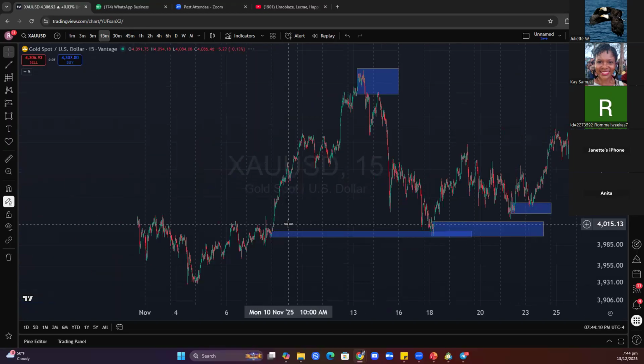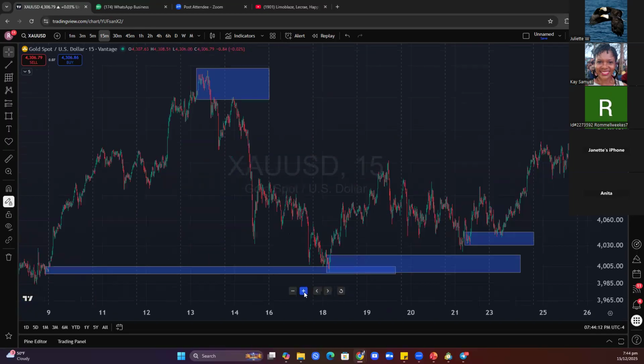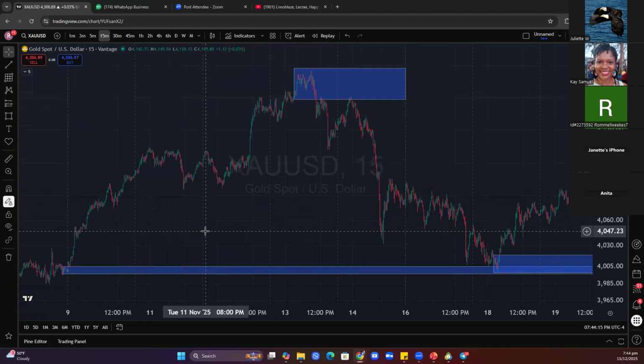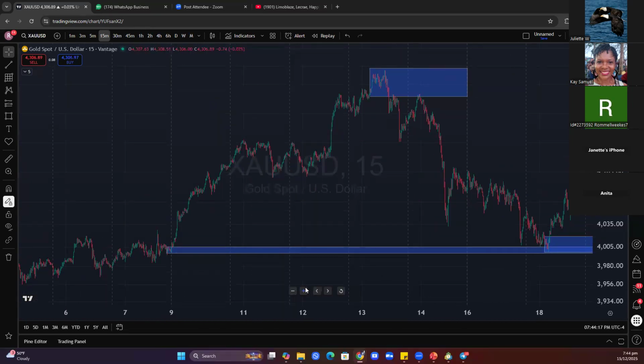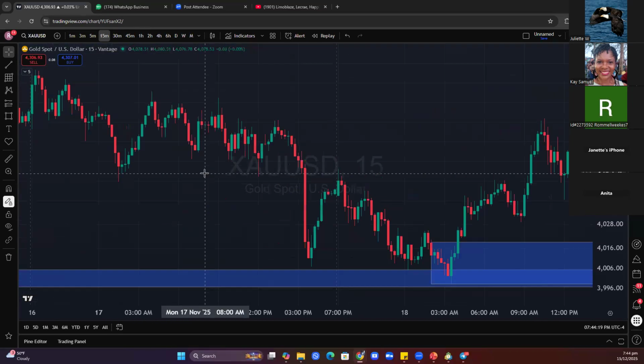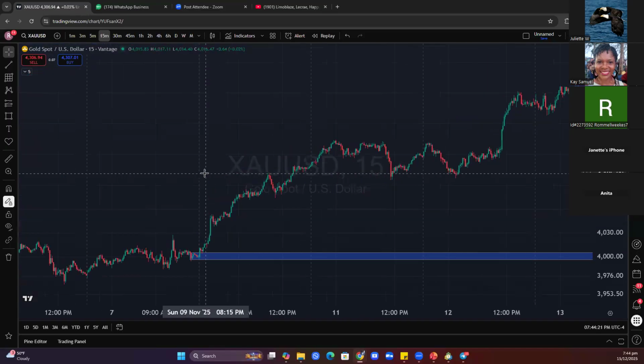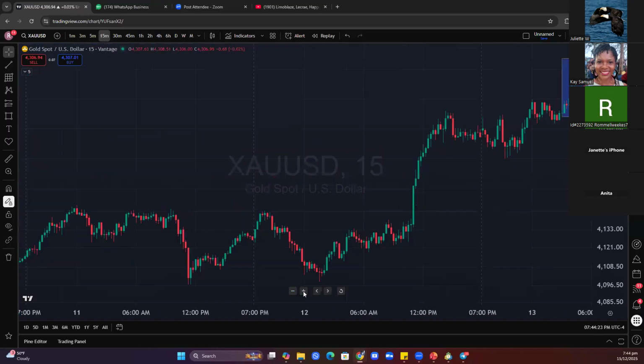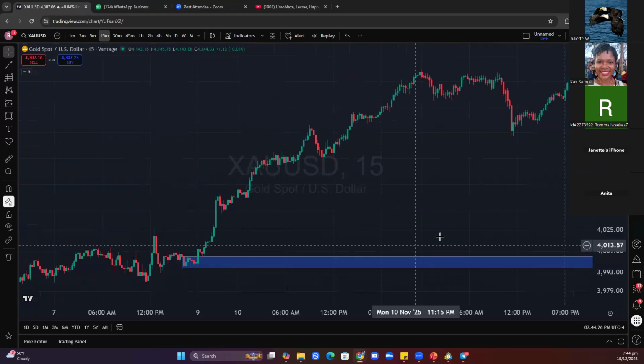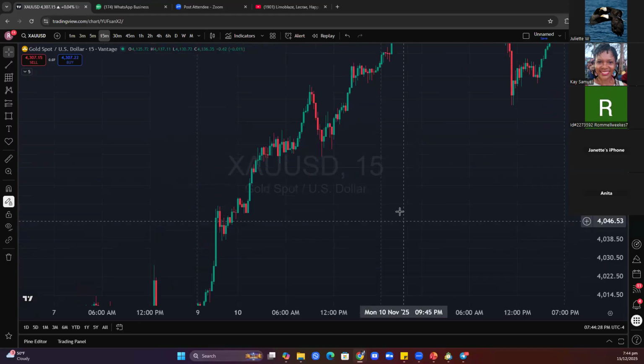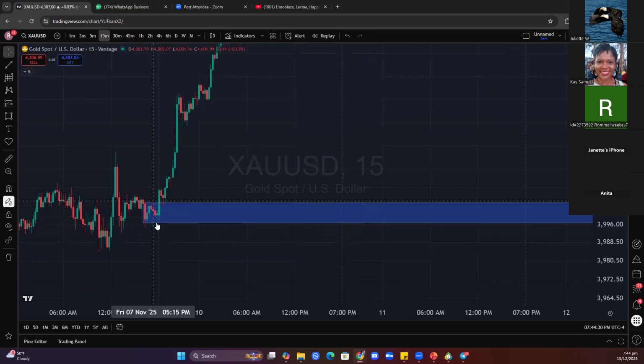We're coming back to the first one we created, which was on the 4 hour, then the hour. Now we are at the 15-minute time frame.